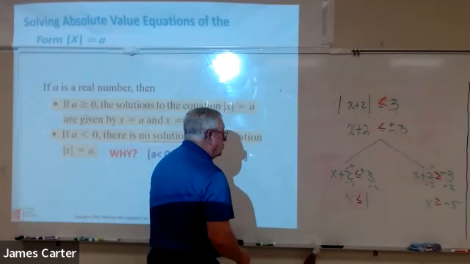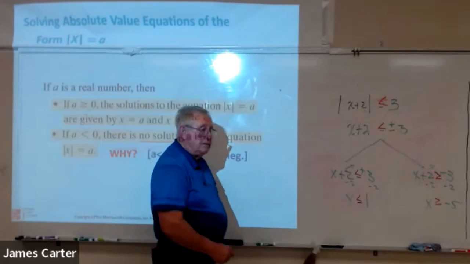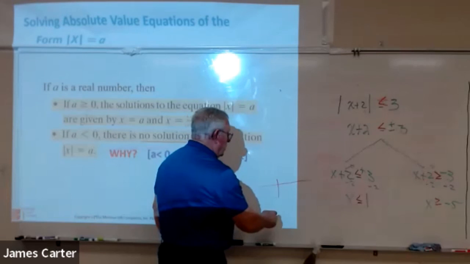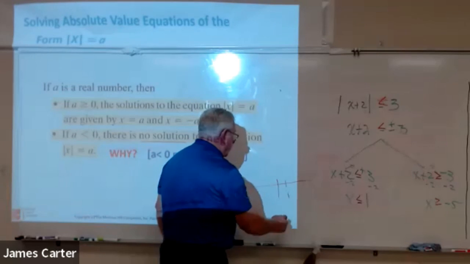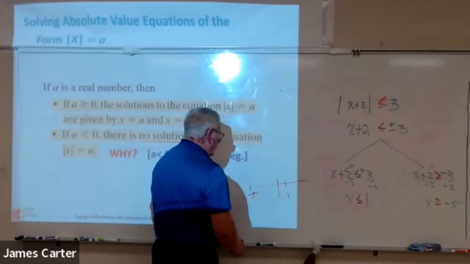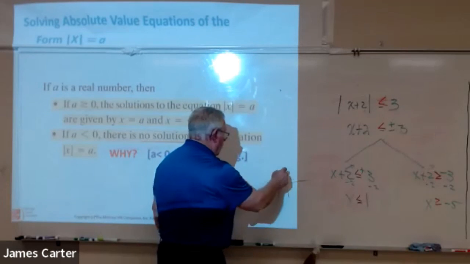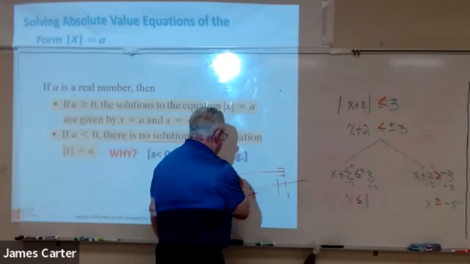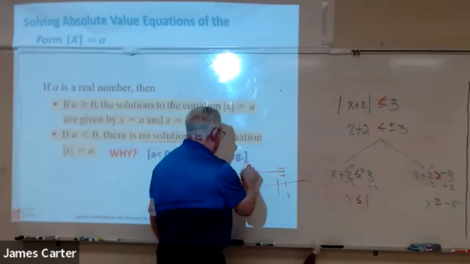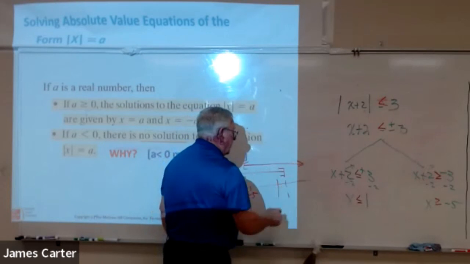And then we could in turn graph those. Here's 1. Here is -5. This one, we've got less than or equal to 1, so it would be like this. That one, we would have this.